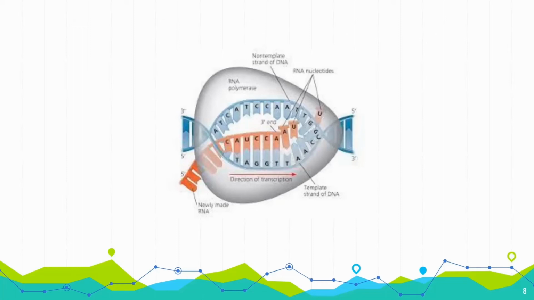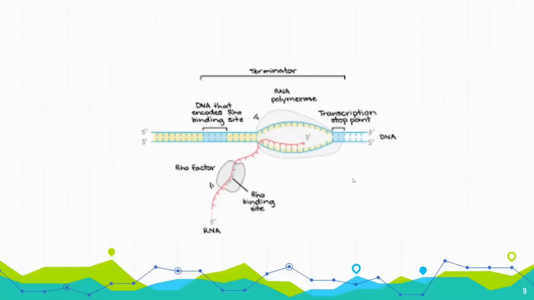RNA polymerase unwinds the DNA while elongating the complementary RNA transcript from 5' to 3'. In the termination phase, RNA polymerase reaches a stop sequence in the gene, and this completes the mRNA strand, causing it to detach from the DNA.